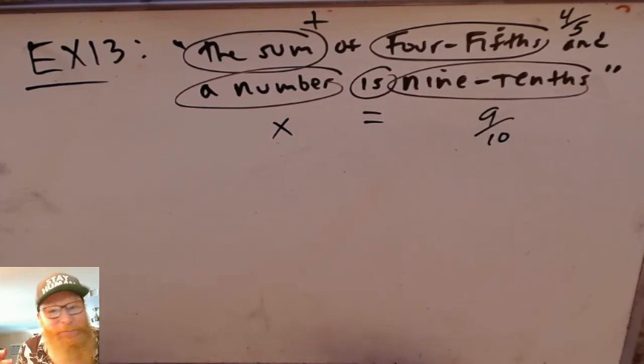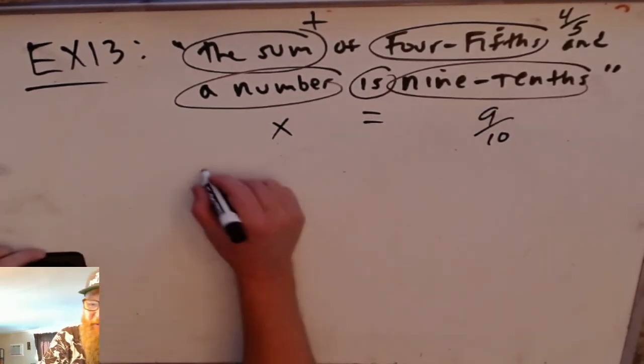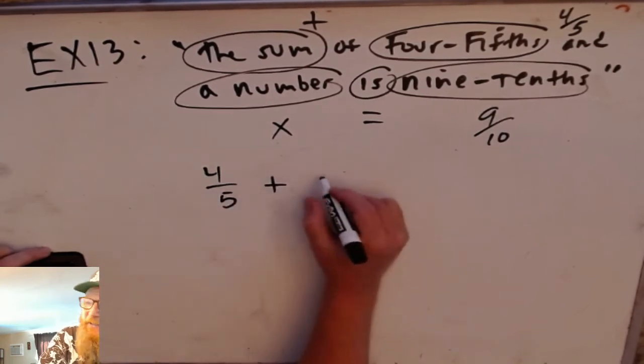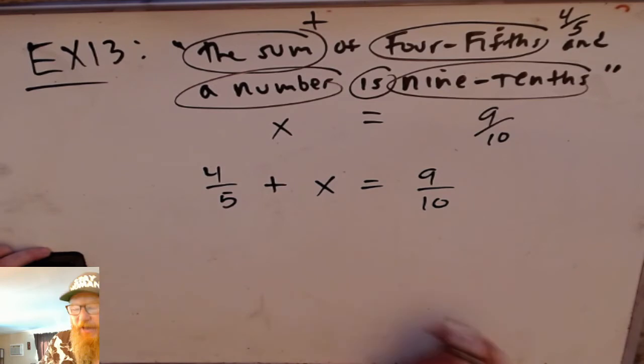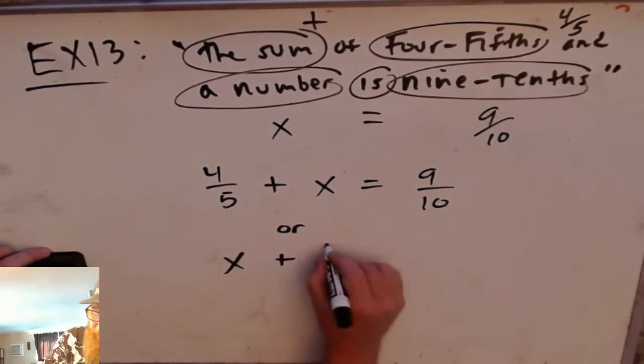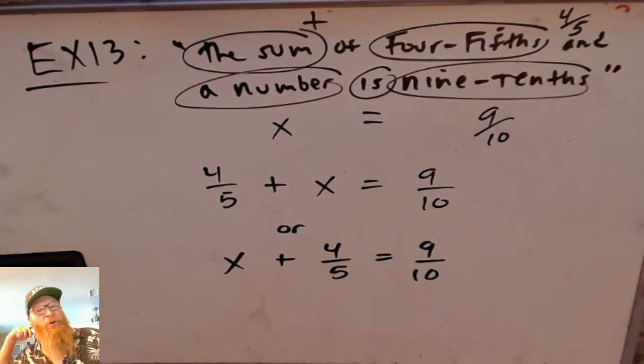They're not really problems. They're just giving it to you. So 4/5 plus a number is 9/10. I would also accept in the opposite order, because it's addition, you can change the order and the answer is still the same.